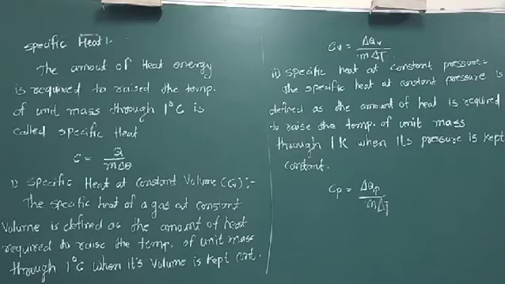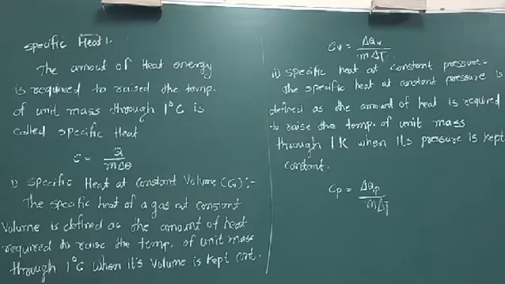This specific heat is classified into two types. First one, specific heat at constant volume. The specific heat of a gas at a constant volume is defined as the amount of heat required to raise the temperature of unit mass through 1 degree Celsius when its volume is kept constant.